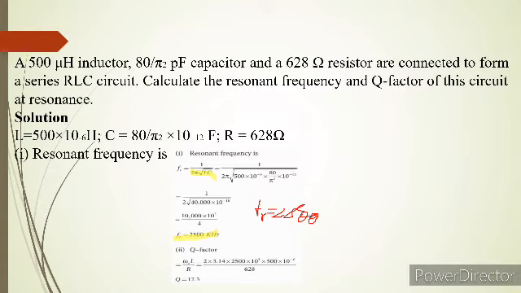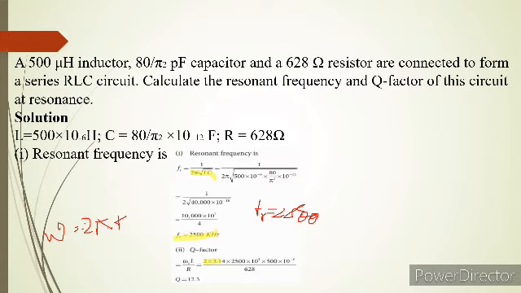Next is the quality factor. The formula is omega L divided by R. Omega is 2 pi f, so we know 2 pi, and f we found to be 2500.